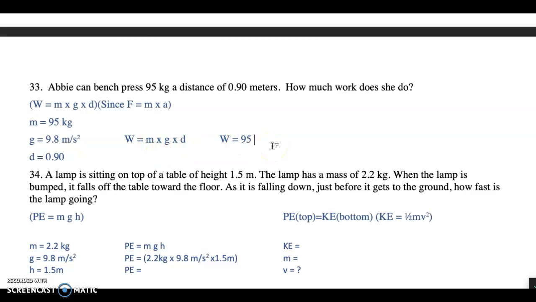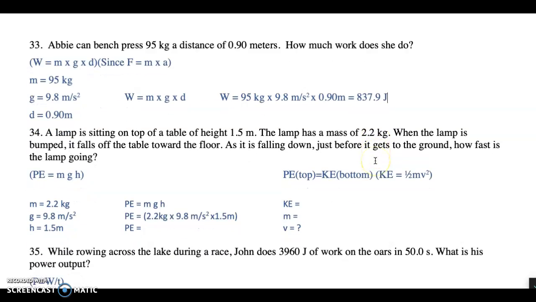So my mass is 95 kilograms times gravity, 9.8 meters per second squared, times a distance of 0.90 meters. I'm going to put units on this quick. 95 times 9.8 times 0.9 is going to give me 837.9 joules of work.